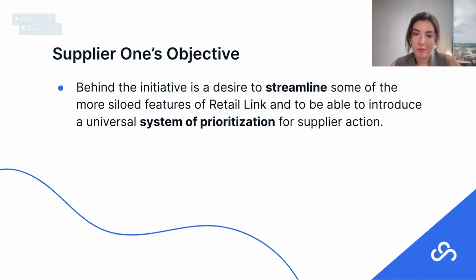But essentially kind of to what I spoke to before, in Retail Link, there's a lot of siloed features. What Walmart is trying to do, kind of what we've seen, and how I would word it in my own language, is making sure that suppliers understand how to use the platforms, making sure their information is accessible, just kind of modernizing a lot of the online platforms that suppliers use.